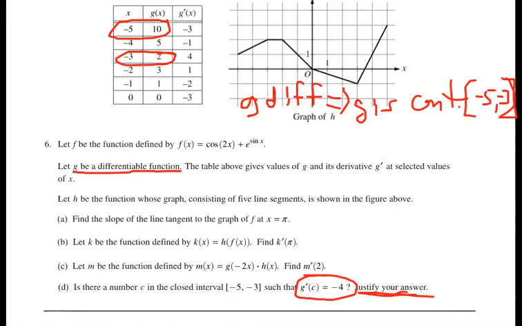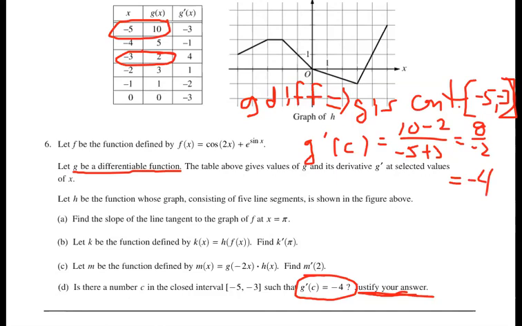So I'm going to say, looking for where G prime of C, and I'm going to do this slope here. So I'm going to go 10 minus 2 over -5 minus -3, which is +3. And that's 8 over -2, which is -4. So since the actual slope is -4, that tells me this is true.